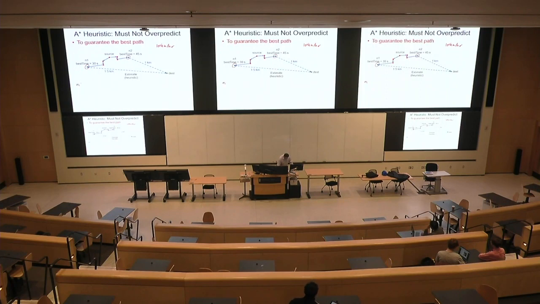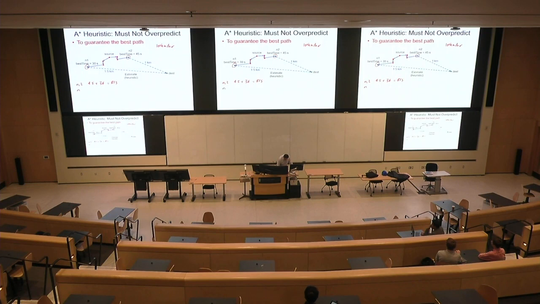I've got N2, with a travel time of 45 plus 1 kilometer at 100 kilometers an hour, which is, I think, 36 seconds. So that is equal to 81 seconds.